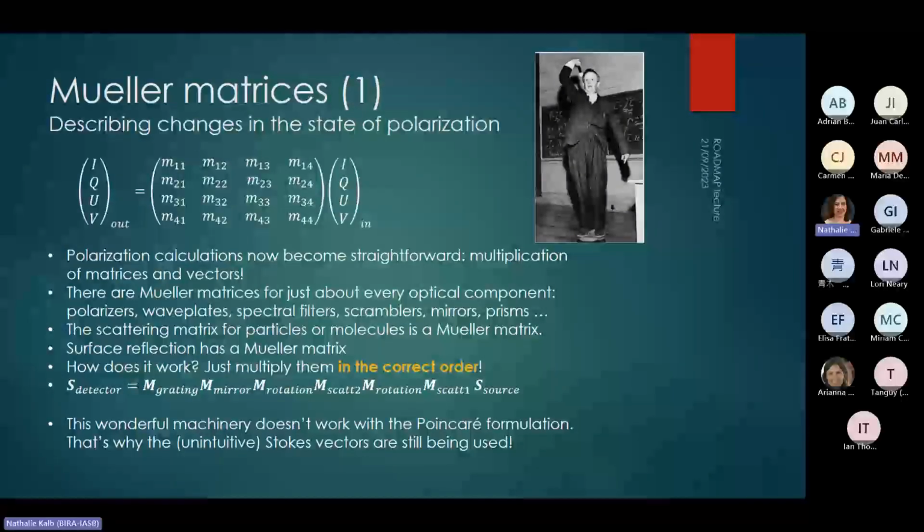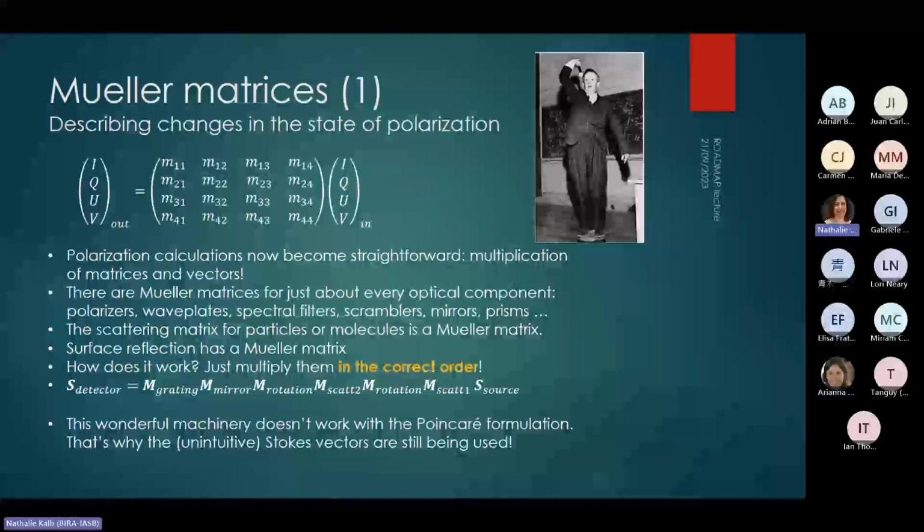I have to say something about Müller matrices. You can describe the change in the state of polarization. So the outgoing Stokes vector equals the Müller matrix times the incoming Stokes vector. This is the general form. It's a 4x4 matrix. You have Müller matrices for just about every optical component.